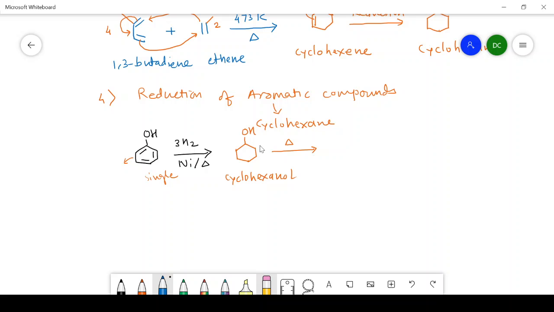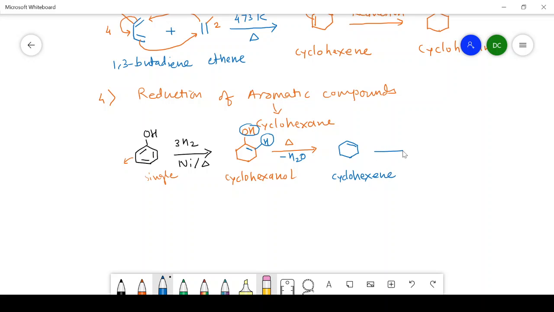Now when this cyclohexanol is heated, a dehydration reaction occurs. Now look at the cyclohexanol. Here there is a presence of hydrogen. This hydrogen and this OH group are eliminated as a water molecule and there is a formation of a double bond between these two carbons. So I will write the structure of the compound and it is nothing but a cyclohexene.